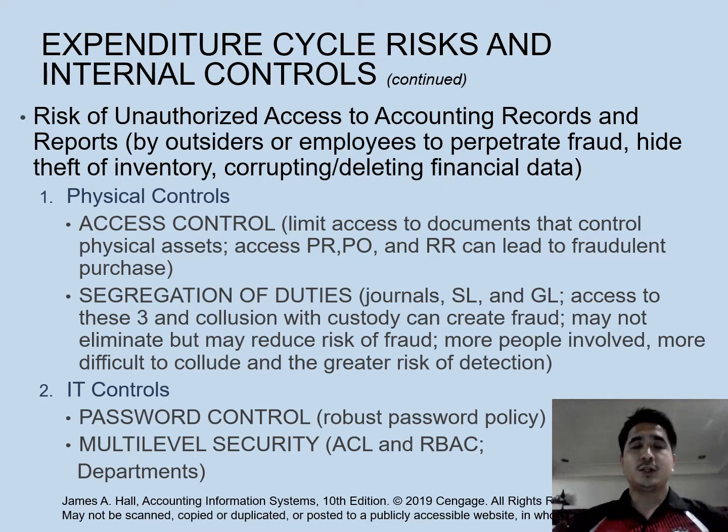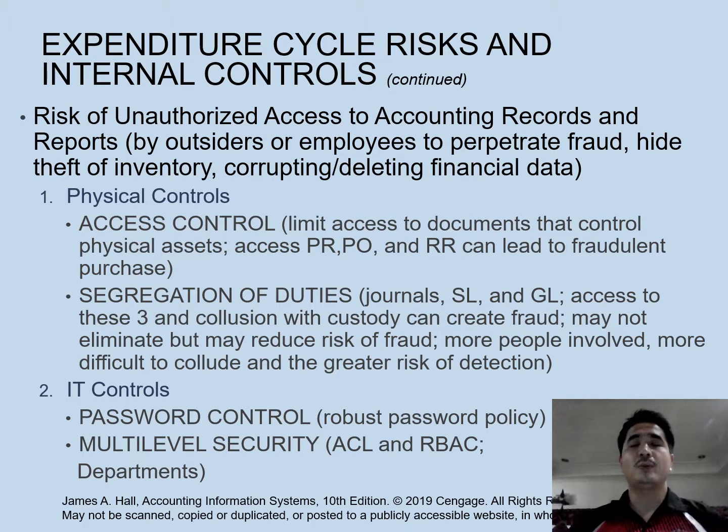As for the physical controls versus the access control, you just limit the access to documents to those who need to have the access. Specifically, you separate the access for the PR, PO, and RR. For the PR, of course, the PR department and the PO should access this one. For the PO, there are various departments who need to access it.